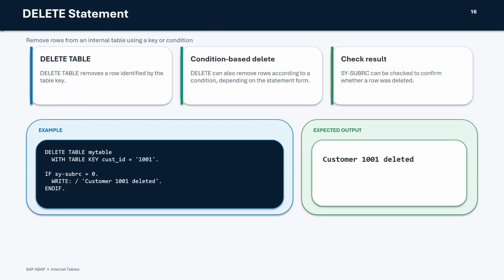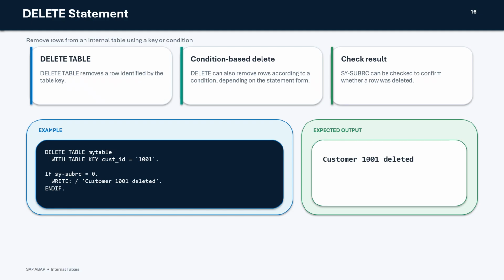Next, the delete statement. Delete is used to remove one or more records from an internal table. In this example, we can see DELETE TABLE my_table with the table key customer ID 1001, and only if the customer ID matches 1001, then this record will be deleted.